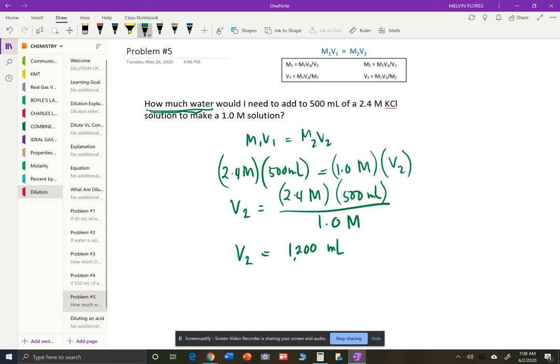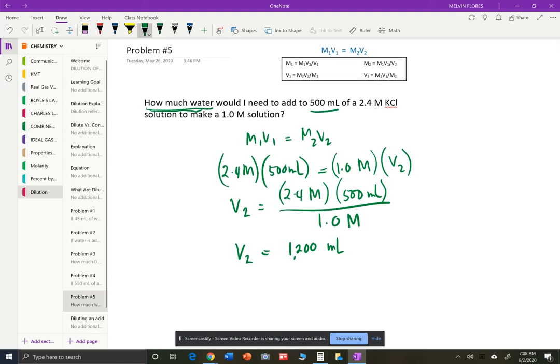So how much water would you need to add to 500 ml? Since our initial is 500 ml and our final is 1200, how do you know the amount of water that you need to add? What you need to do is subtract the initial volume from the final volume.